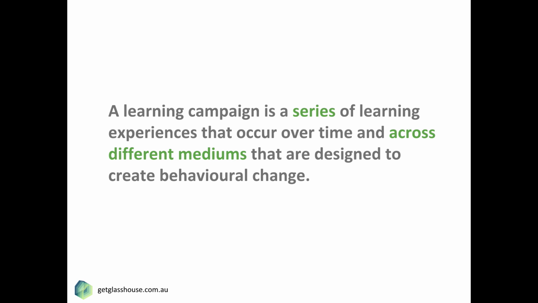The core of what we're talking about today is the idea of learning campaigns in a 70-20-10 learning model. Essentially, a learning campaign is a series of experiences that happen over a period of time. Different mediums are used to engage people in different ways. Because it's a learning program, it's designed around behavioural change.